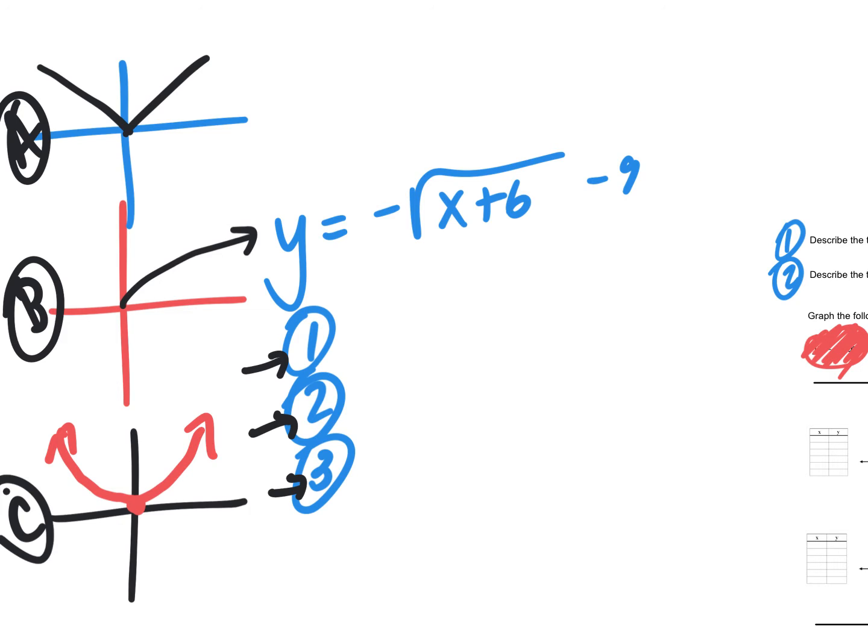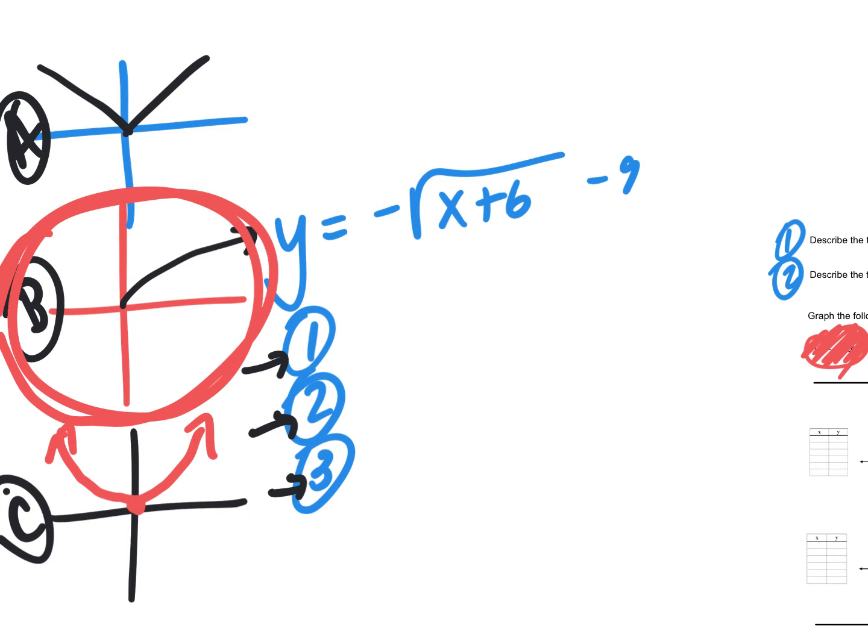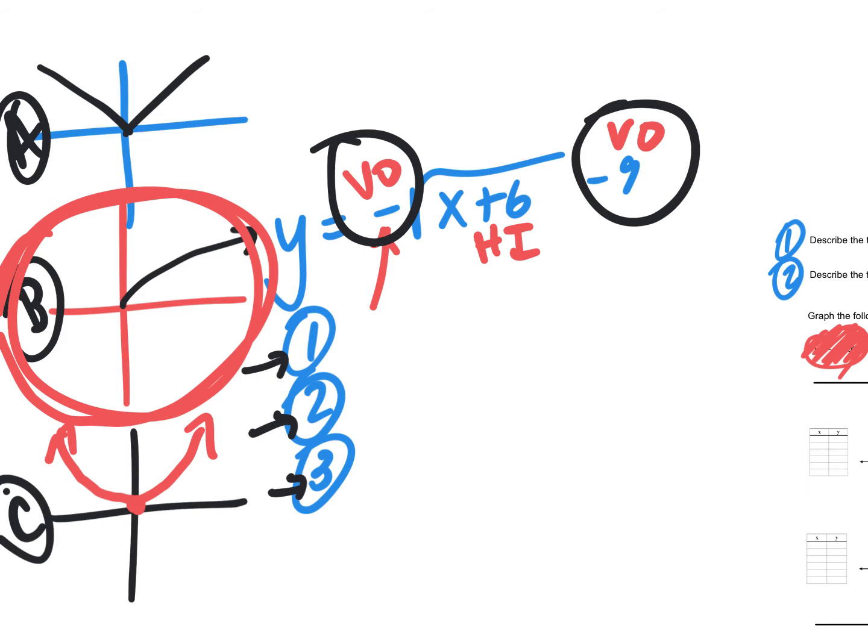So I'm hoping that kids remembered that the square root graph was this one, the middle one. And then it's going to get moved. And this part here is, remember the HOVI, horizontal on inside, vertical on outside? Notice the 2 things that are the vertical things are this and that. Okay, so that's a vertical reflect.